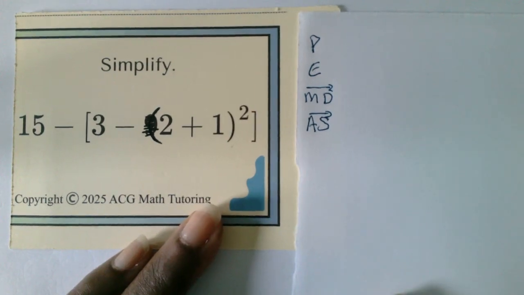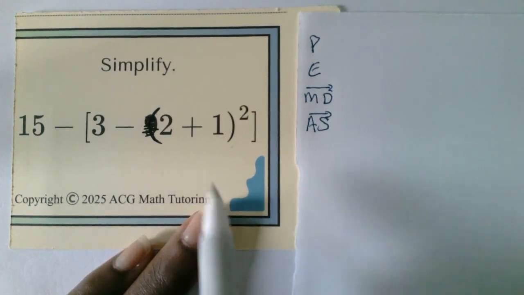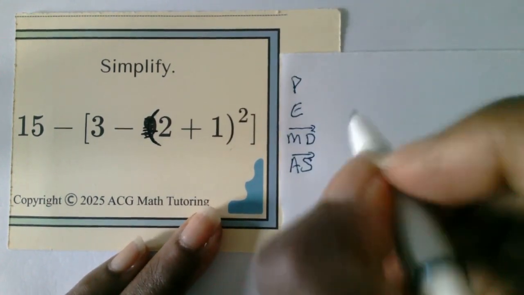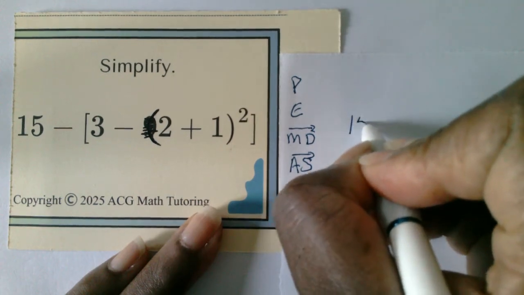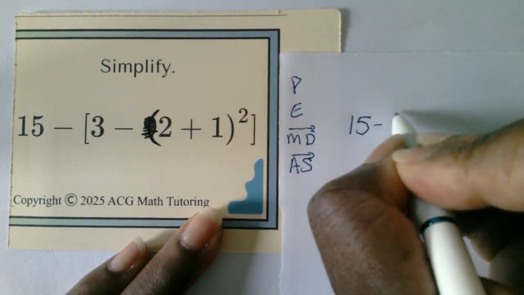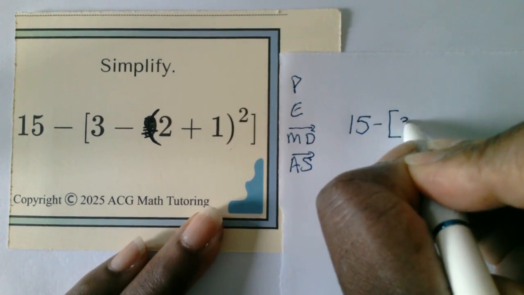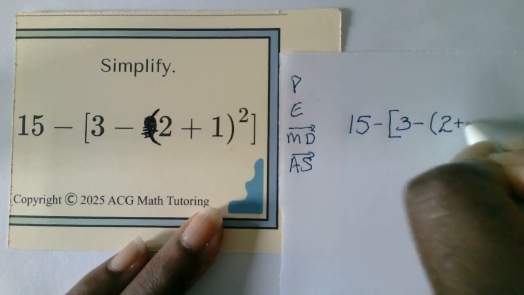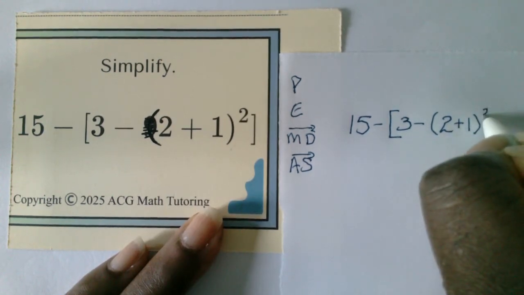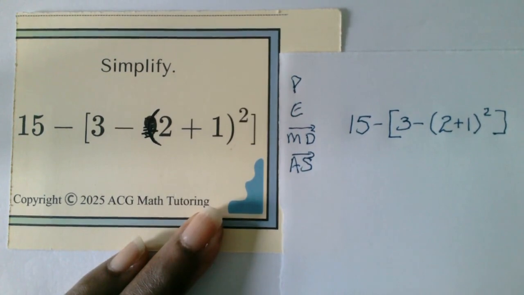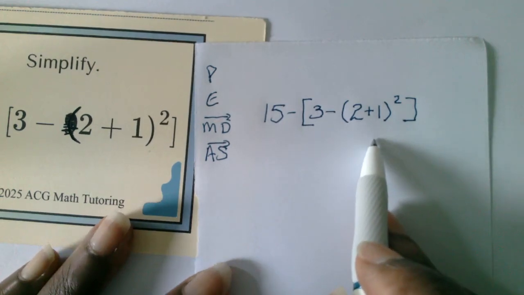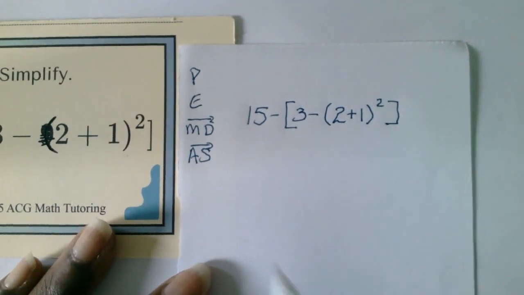As we're taking a look, we have to do what's inside the parentheses first. So actually, let me rewrite here. Now we're doing what's inside the parenthesis, so we have that 2 plus 1.